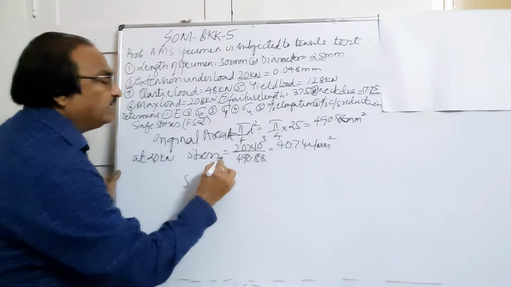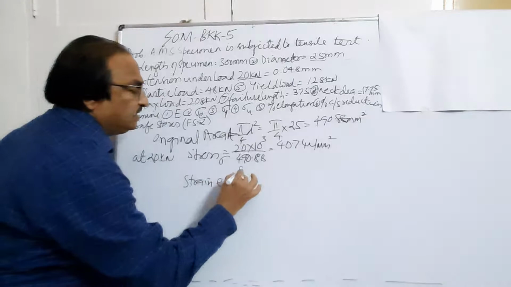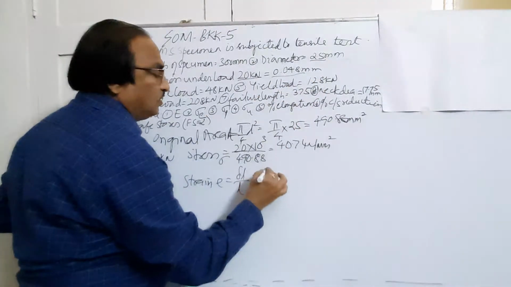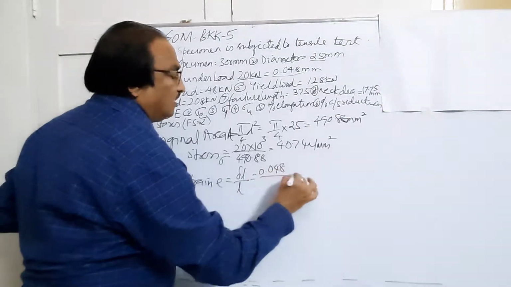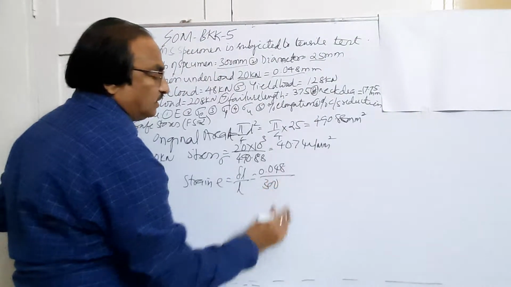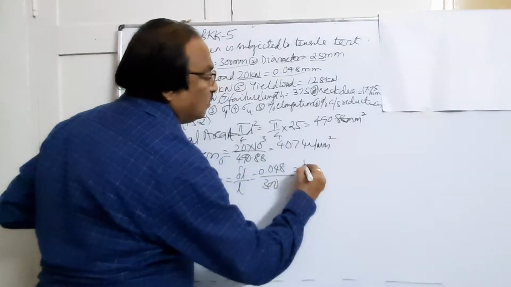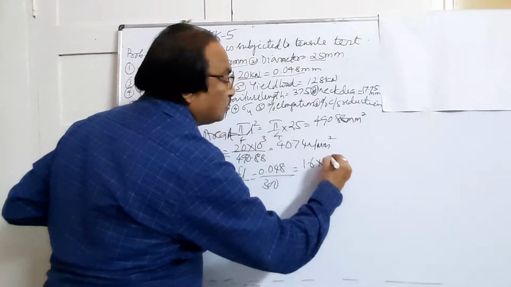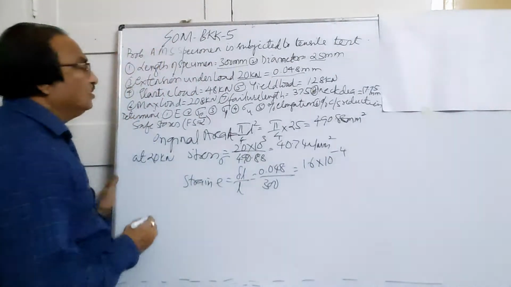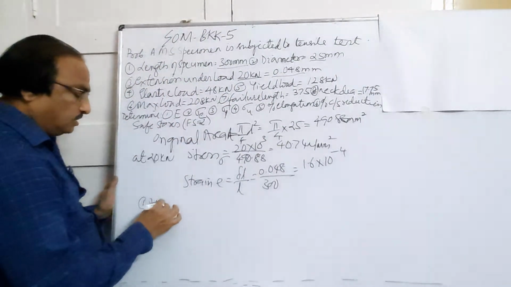Then we will go for strain. Strain is the change in length by the original length. The change in length is 0.048 and the original length of the member is 300 mm. If you simplify this, strain is equal to 1.6 into 10 to the power of minus 4. It has no unit. Now I can find Young's modulus.